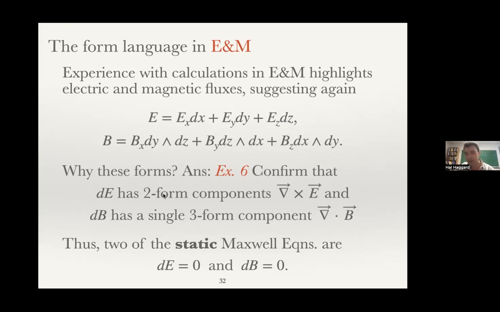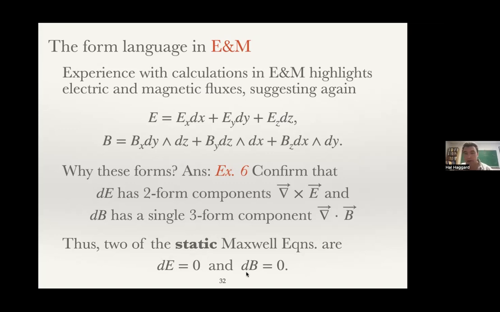So by making these choices of forms, the D's of the forms that we've introduced are immediately capturing aspects of the Maxwell equations. In fact, if we take the static limit, that is the limit in which none of these components, E's or B's, depends on time, then these are just the Maxwell equations. The curl of E equals 0 and the divergence of B equals 0. And we can write that in differential form language immediately as dE equals 0 and dB equals 0.